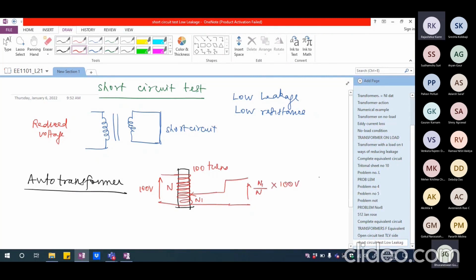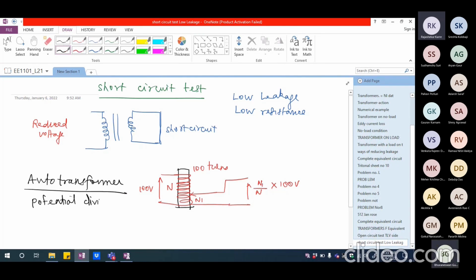And as I told you, the leakage reactance is small and the resistance is small for a winding wound around the core. So there will not be much I square R loss. It does the same function as a potential divider.